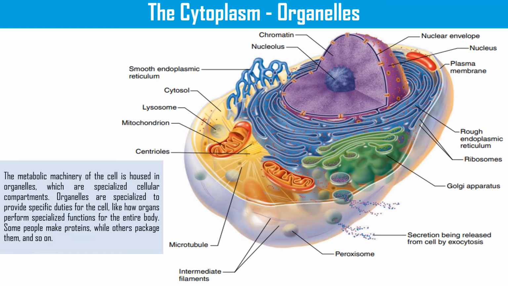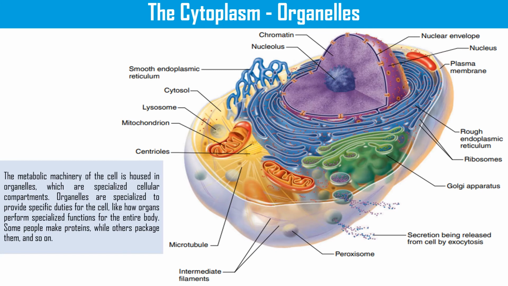Cytoplasmic organelles. The metabolic machinery of the cell is housed in organelles, which are specialized cellular compartments. Organelles are specialized to provide specific duties for the cell, like how organs perform specialized functions for the entire body. Some make proteins, while others package them, and so on.